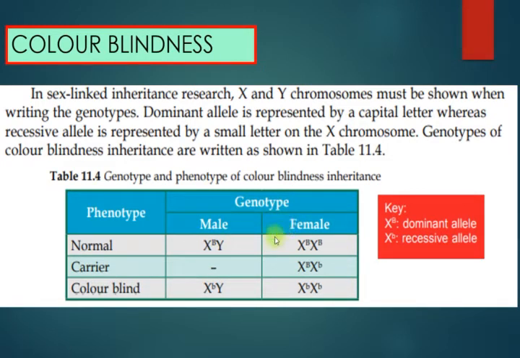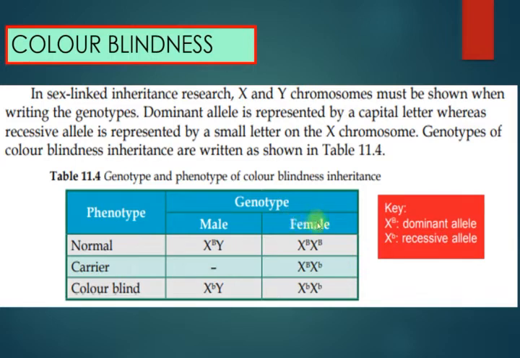For the normal female, the genotype is X big B, X big B. For the carrier, there is no carrier for the male, because the Y chromosome does not carry any allele for color vision.